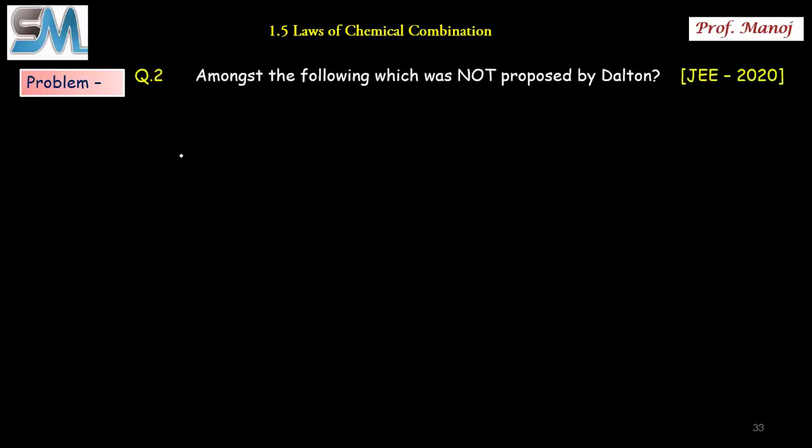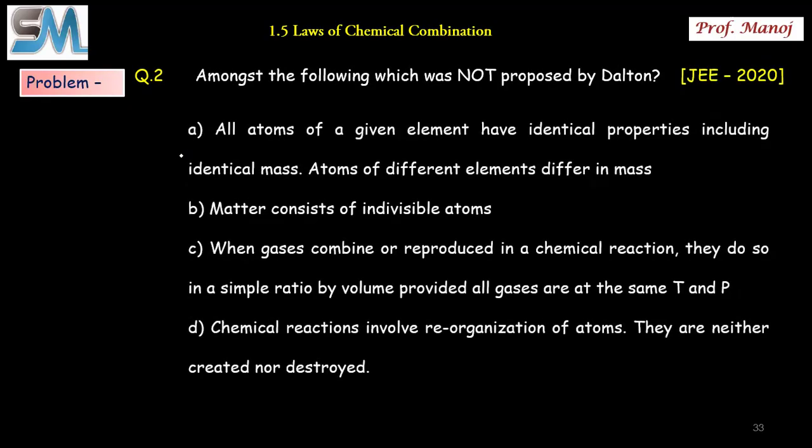This is a question which was asked in JEE 2020. Usually a bigger question was asked at that time. So let us analyze and see what the answer could be. Amongst the following, which was not proposed by Dalton: all atoms of a given element have identical properties, including identical mass.